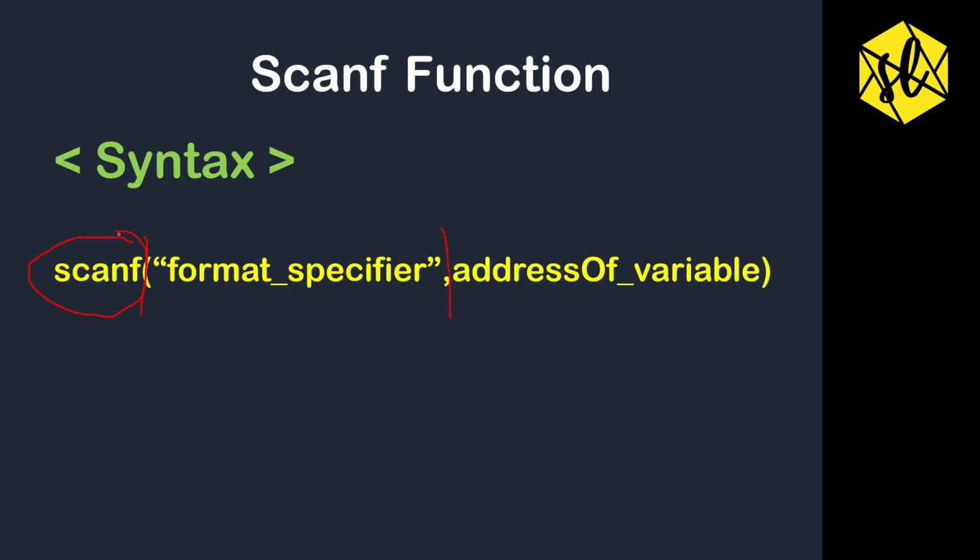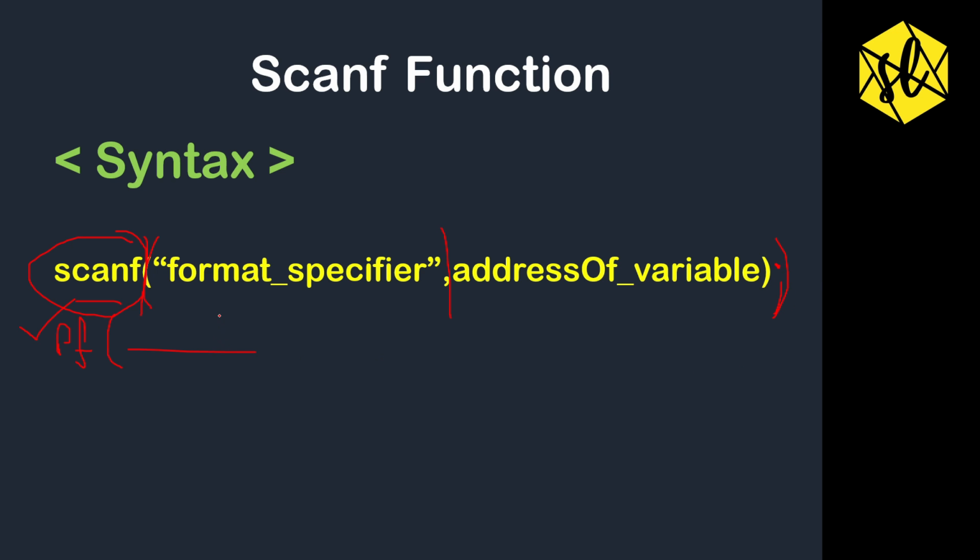We already know scanf; here scanf is the function. Just like in printf, we write printf and then in the brackets we write everything, here also we write scanf, and in the brackets we write everything, and close the bracket. Okay, here should be an inverted comma, and a semicolon.